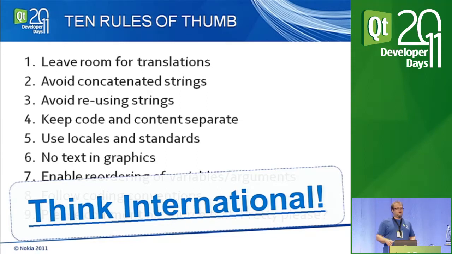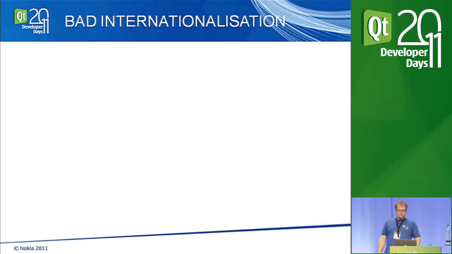Some mobile devices have a huge amount of abbreviations, and in some cases there's a sentence of 4 words, each shortened to 3 letters and a dot, and you can't understand what it means. In that case, the UI designer wasn't thinking international when designing the UI. Okay, so some examples of bad internationalization.